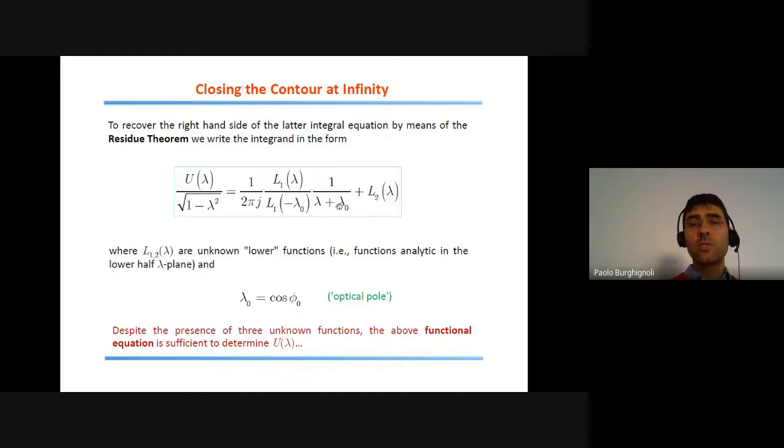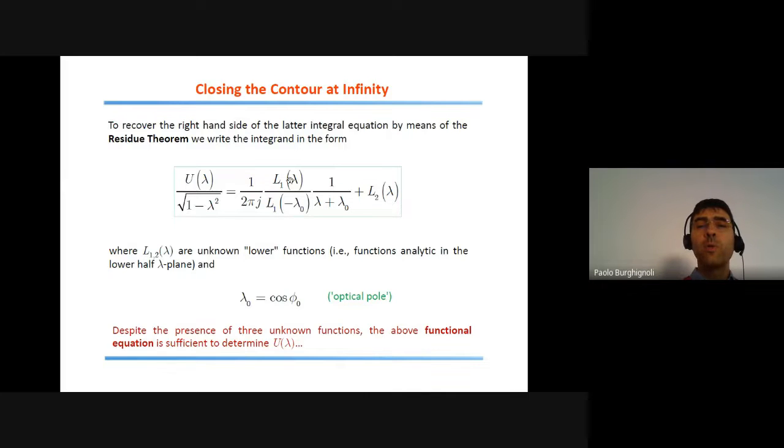In addition to this term, the one that produces the pole, we also have the constant 1 divided by 2 pi j. This is introduced in order to simplify the term 2 pi j that occurs from an application of the residue theorem. In addition to that, we may allow any analytic function in the lower half plane to exist in the numerator, because this does not change the property that there is a pole at the right location.